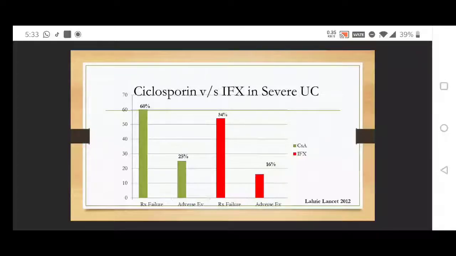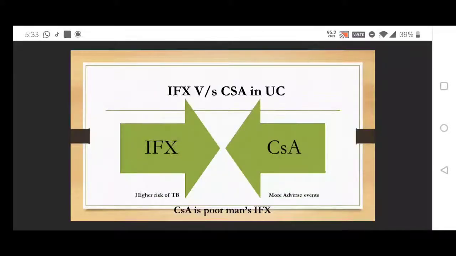However, since this was a multicentric study, mainly in the West, the adverse events in cyclosporine were much higher compared to the Infliximab group. Although the authors say both drugs are equally efficacious, what was written between the lines is that Remicade or Infliximab may be preferable because the adverse events are low. However, this cannot be applied to Indian data because we would probably add another 10% due to tuberculosis.